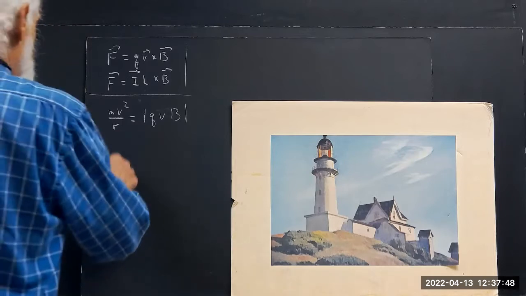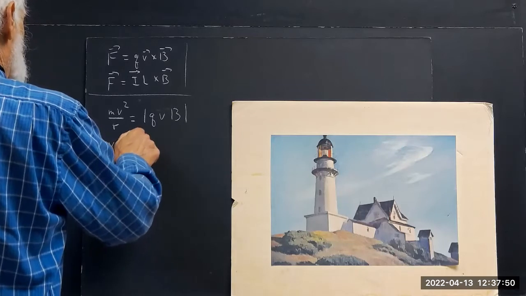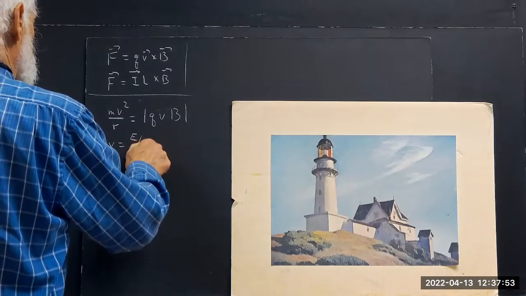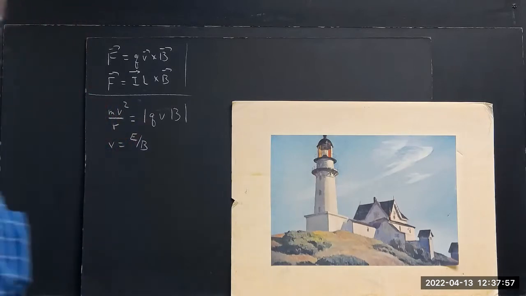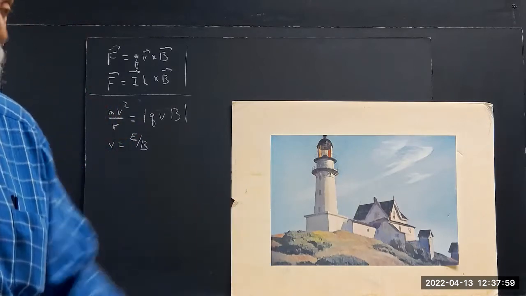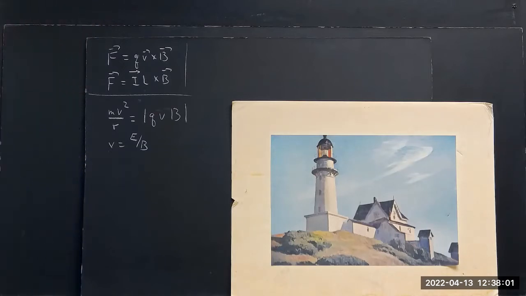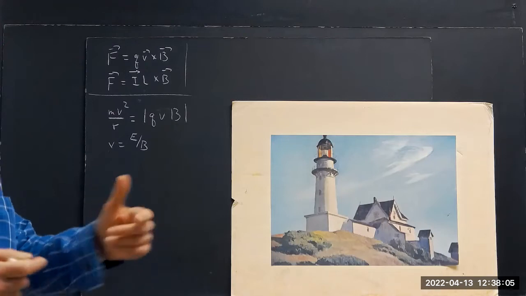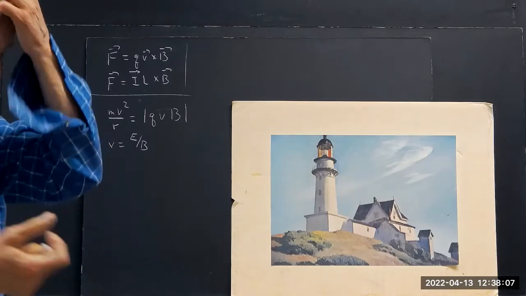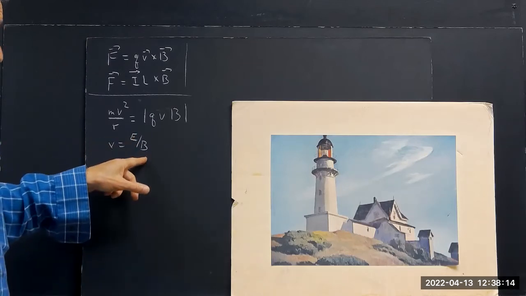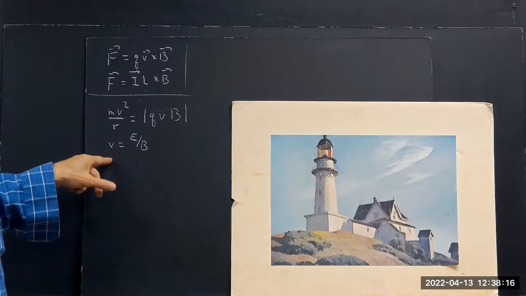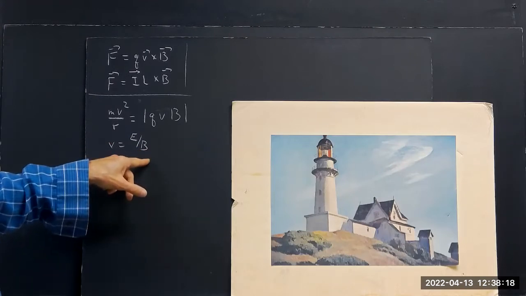Also, you've got v equals E over B. Well, that's not a general formula. That applies to a specific case where you have an electric field typically created by two capacitor plates with equal and opposite charges, creating a uniform electric field and a uniform magnetic field and a velocity perpendicular to the magnetic field.